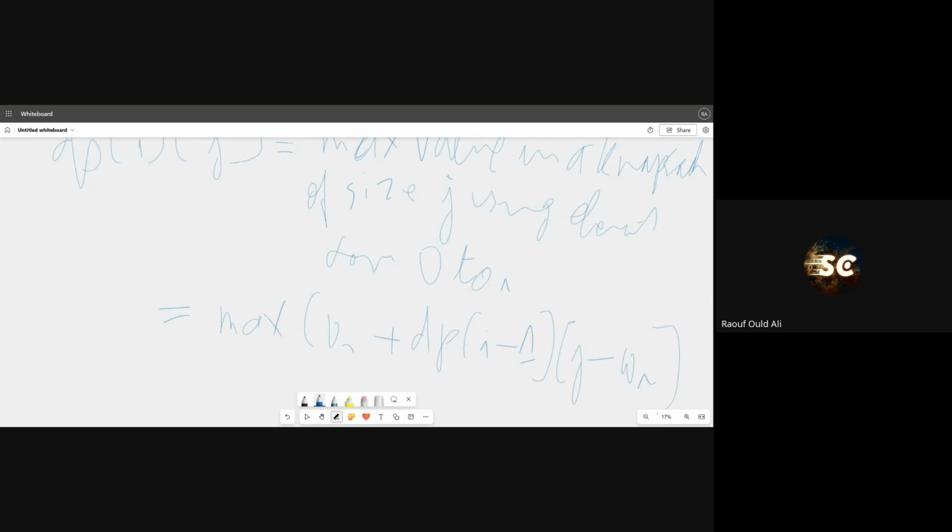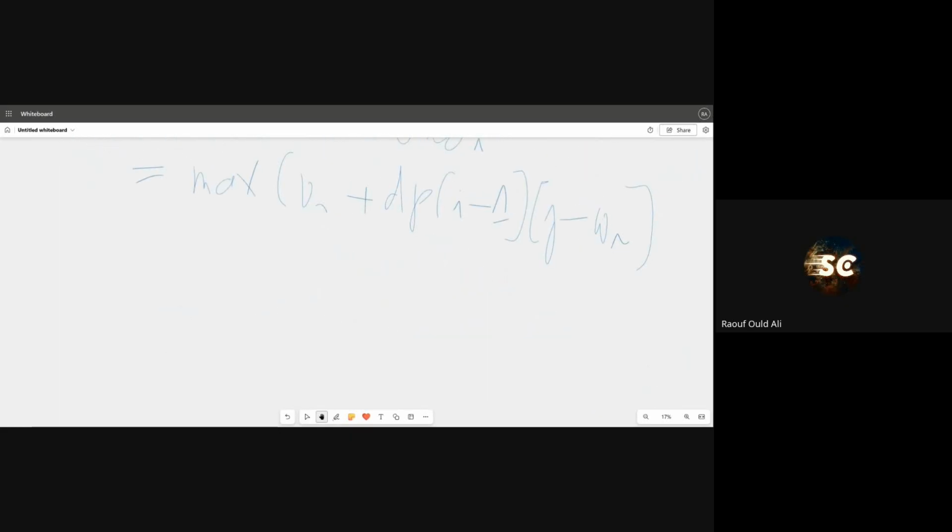Because we are already carrying the weight of this. Or we don't use this element, and so we just use dp[i-1] with the same weight j.